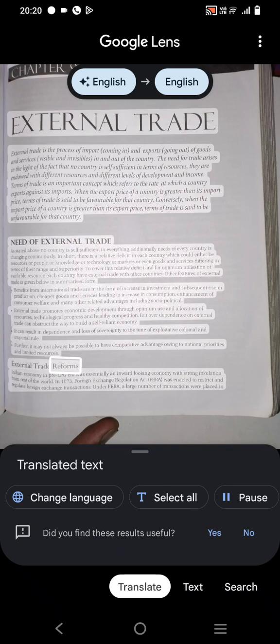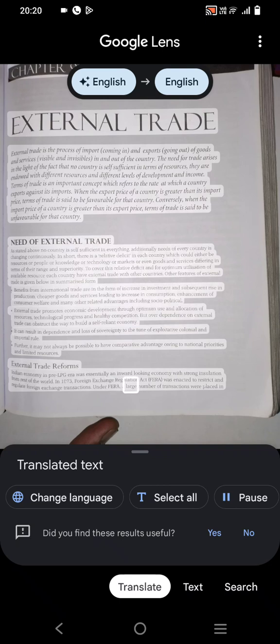External trade reforms. Indian economy in the pre-LPG era was essentially an inward-looking economy with strong insulation from the rest of the world. In 1973, the Foreign Exchange Regulation Act, FERA, was enacted to restrict and regulate foreign exchange transactions.